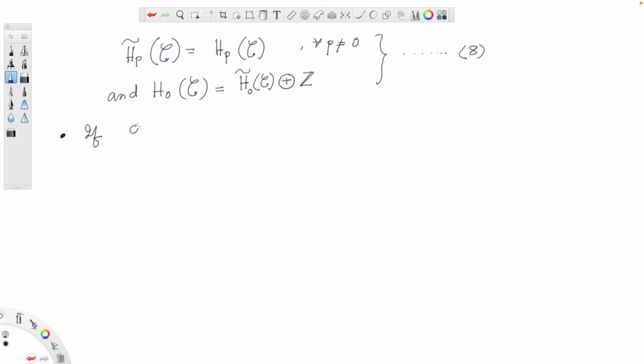If phi is a chain map from the chain complex C to the chain complex C prime, and psi is another chain map from the chain complex C prime to the chain complex C double prime, then psi composed with phi is a chain map as well.